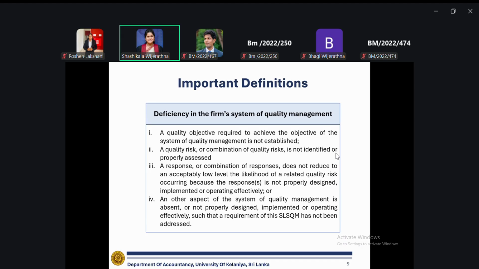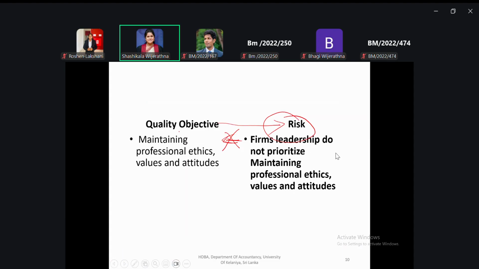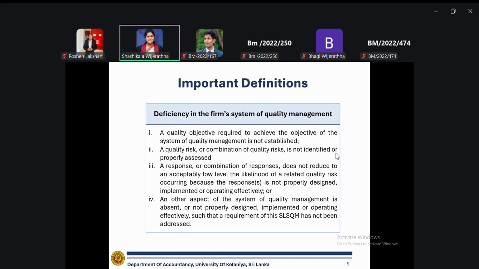Okay, so in the first stage what we did was identifying quality objectives. Then we identify the quality related risks.